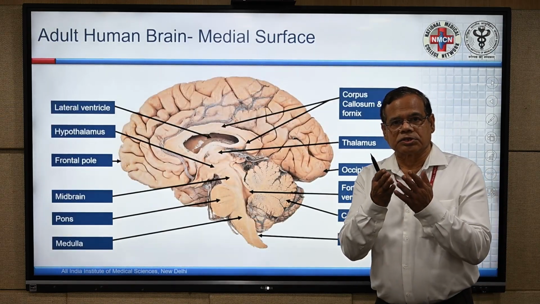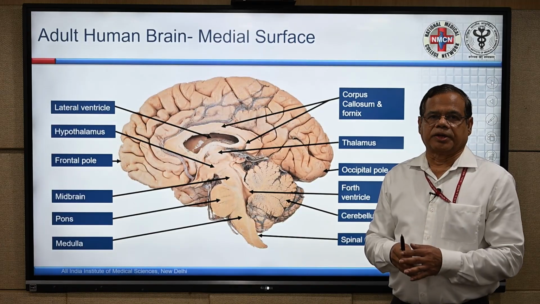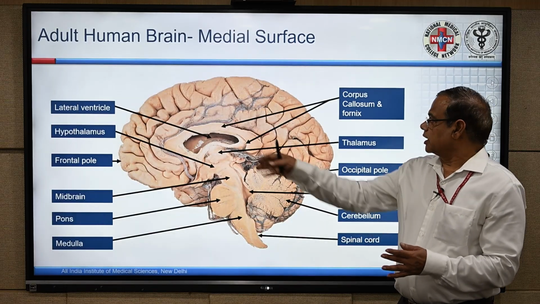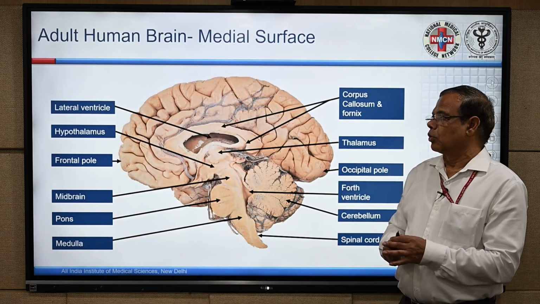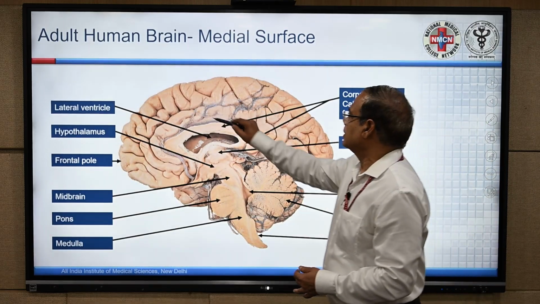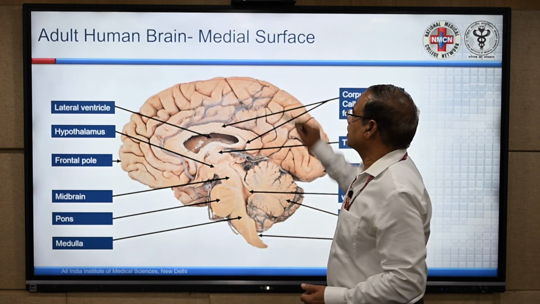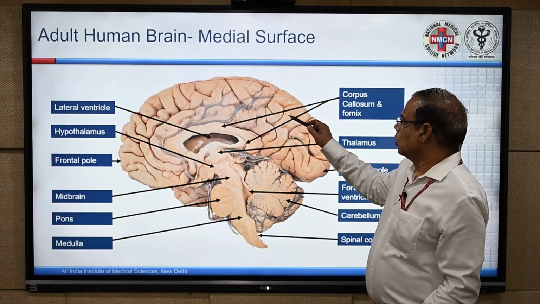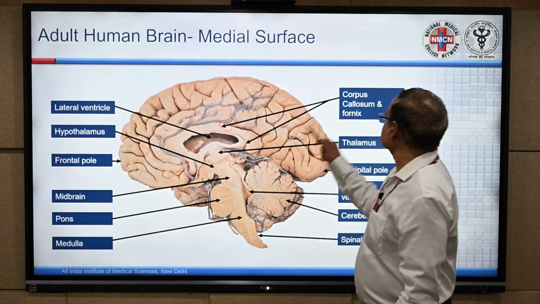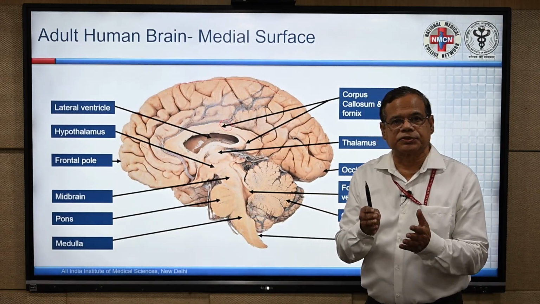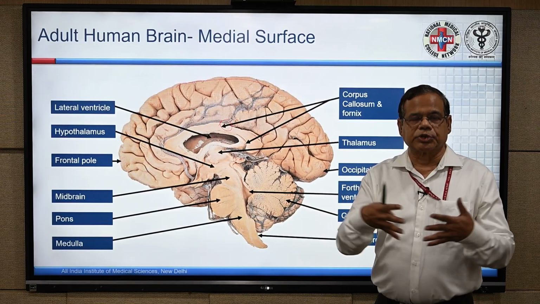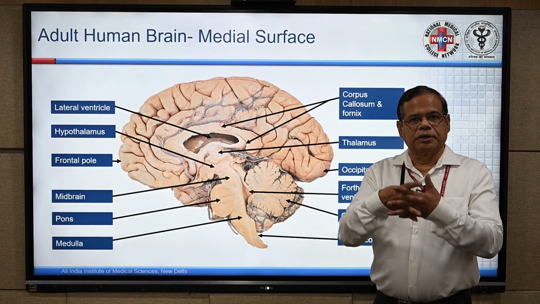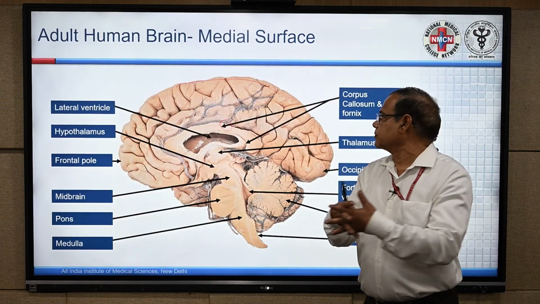Before going into the subject, let us identify the structures on the medial surface of the cerebral hemisphere. What you see is the superior border. Just below the superior border is the corpus callosum, the largest white matter or largest commissural fiber of the brain, connecting the two hemispheres.